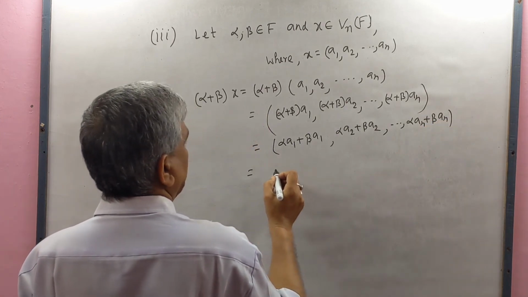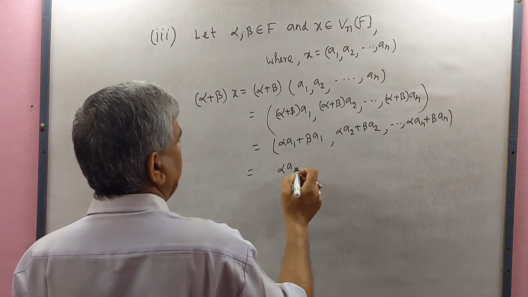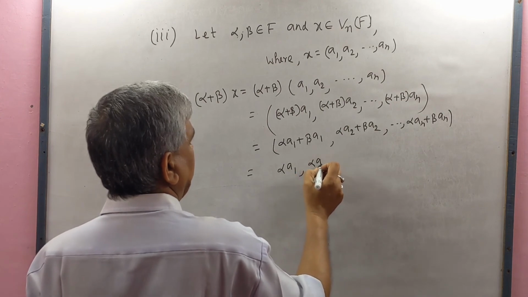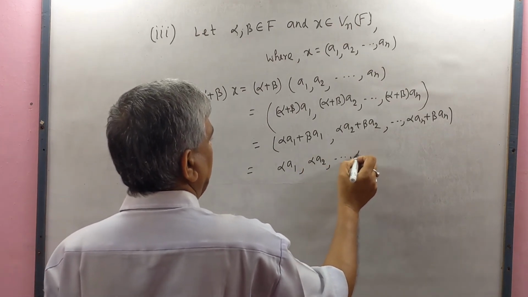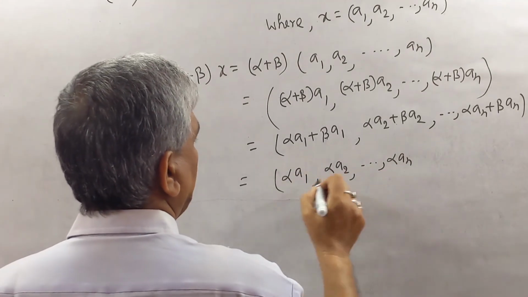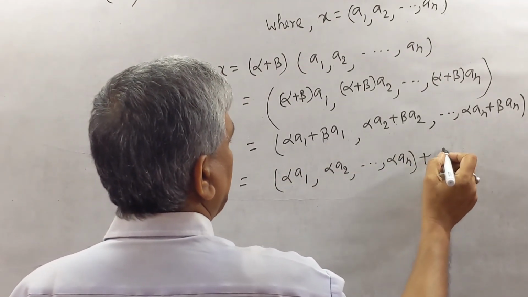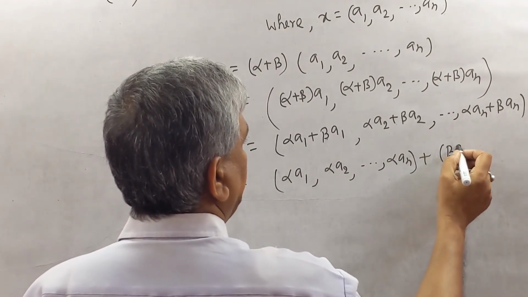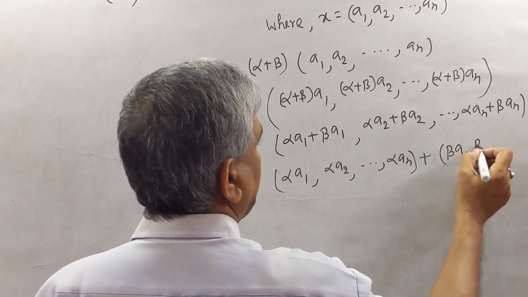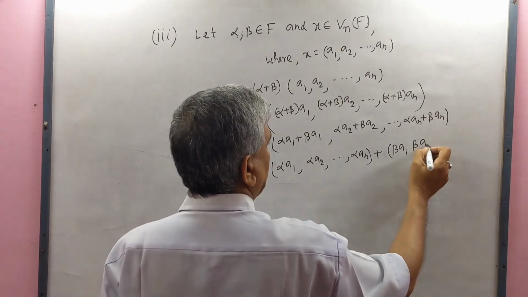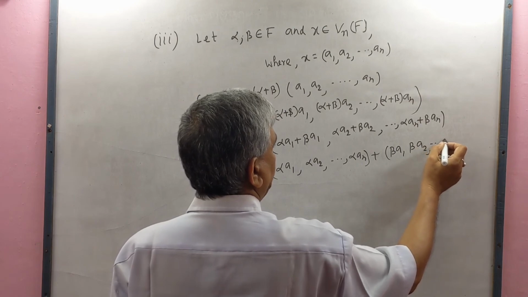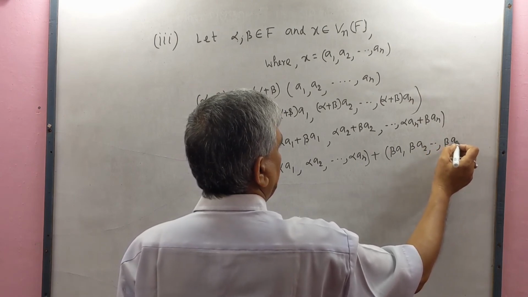This equal to (alpha a1, alpha a2, ..., alpha an) plus (beta a1, beta a2, ..., beta an).